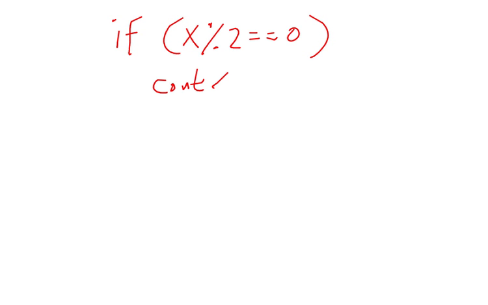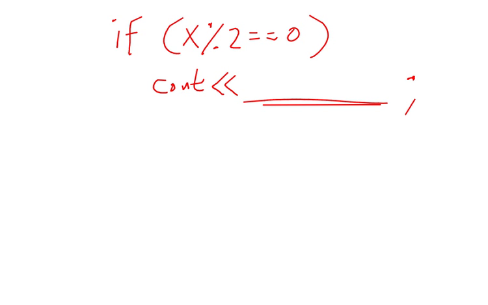C++ says you have your if statement, you have your condition, whatever that might be. In our case, that was x modulus 2 equal to 0. And then if there's just a single command like we had, then you could simply put in that one command. I'm not putting in all the details here. And that's all you need.